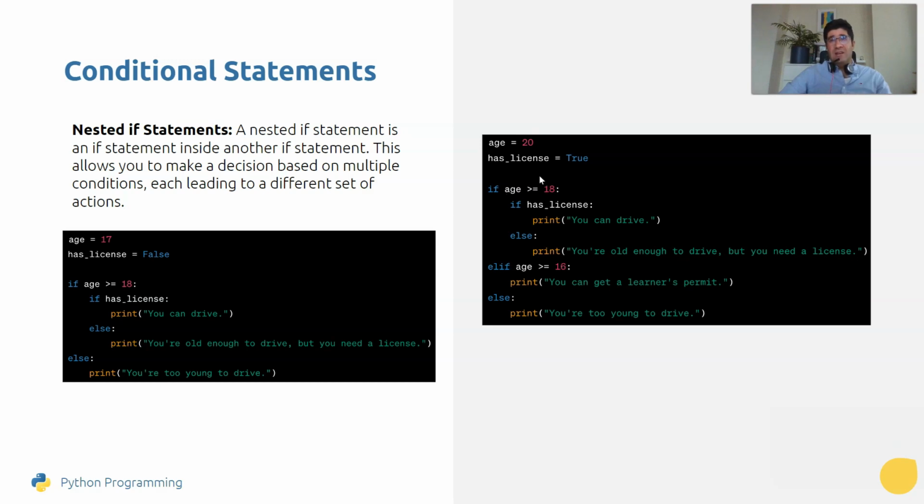But if the age is not greater than 18, but that person's age is between 16 and 18, using the else if, we can check this condition and we can say "you can get a learner permit" instead of a driving license. And if the age is not greater than 16, in fact, you are too young to drive.